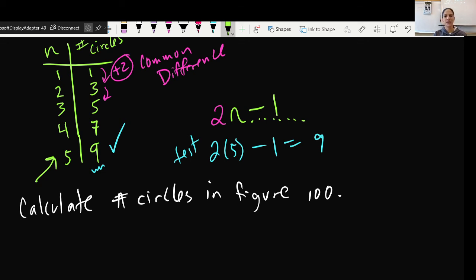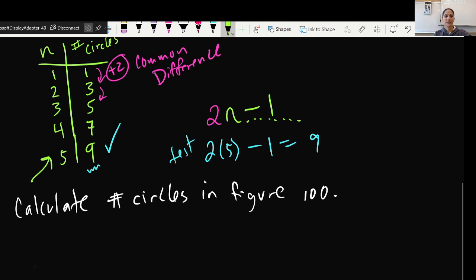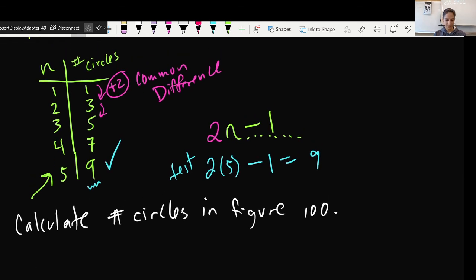And go ahead and do that. I want you to find the number of circles in figure 100. And maybe you already know. If you want to call it out, you can. Sure, yeah. 199. Everybody agree? Good.